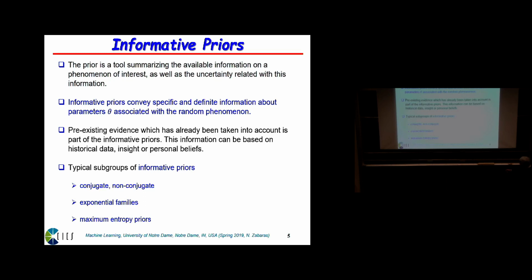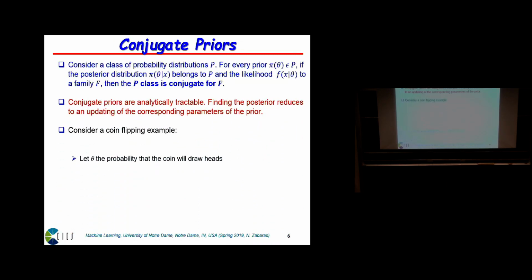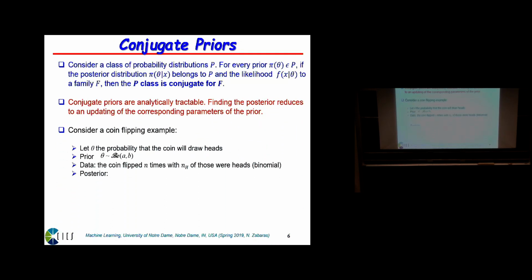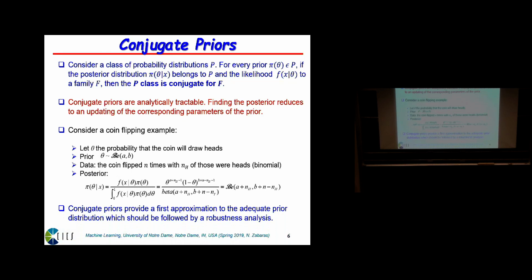So I'm going to review a little bit what the exponential family is. In that context, the exponential family also fits the general theme of maximum entropy priors. Implicitly, all of these things are together, but I will not elaborate on all of these categories separately.